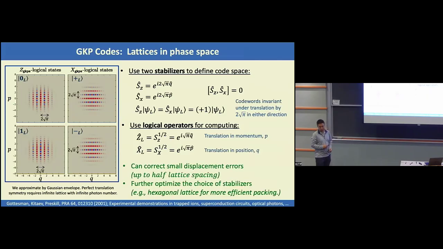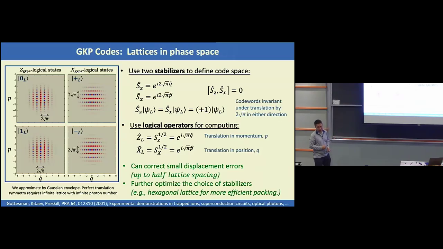Okay, so having these discretized lattice sites in the harmonic oscillator's position and momentum allows us to correct small displacement errors. Because the code words should be in the integer lattice sites, but if there's a deviation with small displacement error, we actually can physically measure the real and the imaginary part of these stabilizer operators, and from which we can infer what is the nearest lattice point, or what's the deviation from the lattice point, and correct those errors.